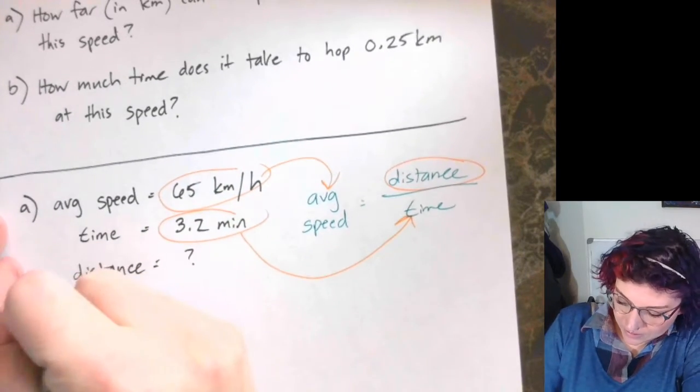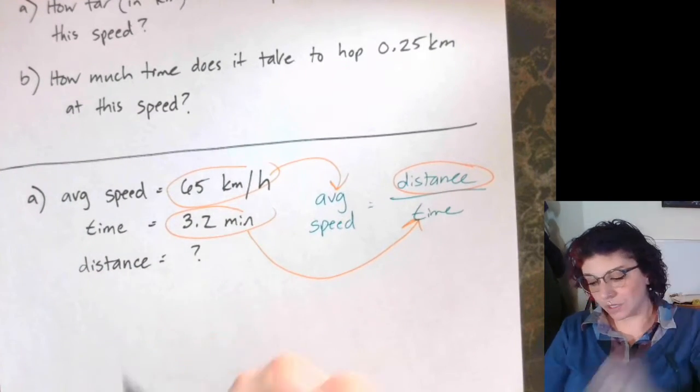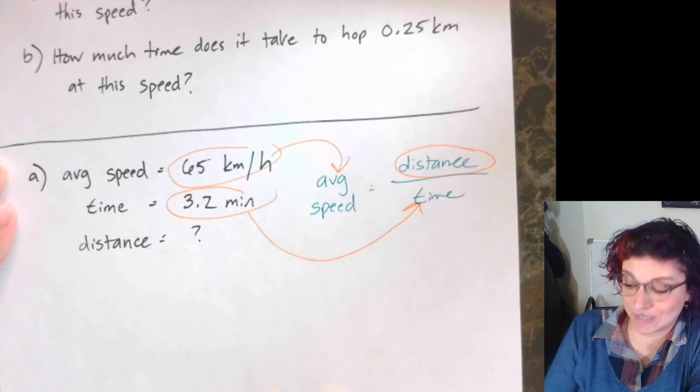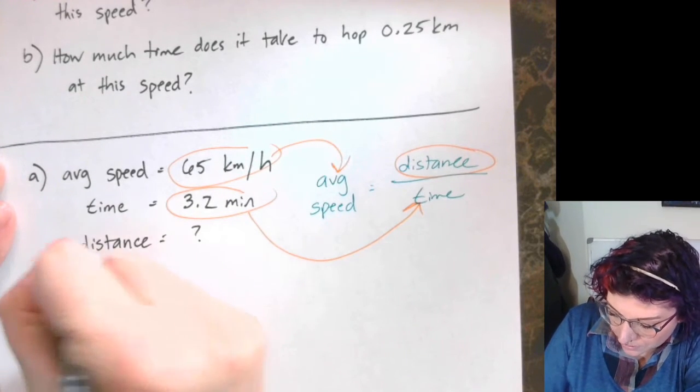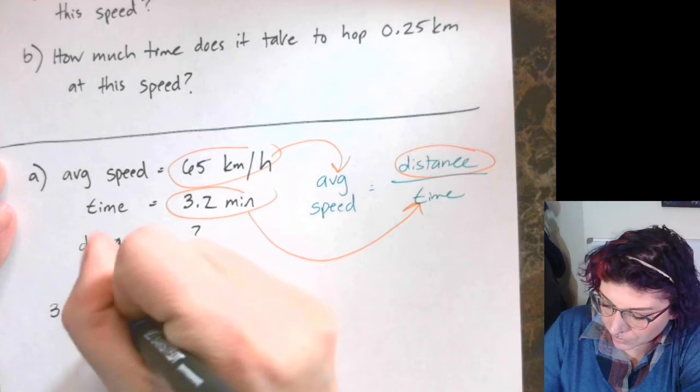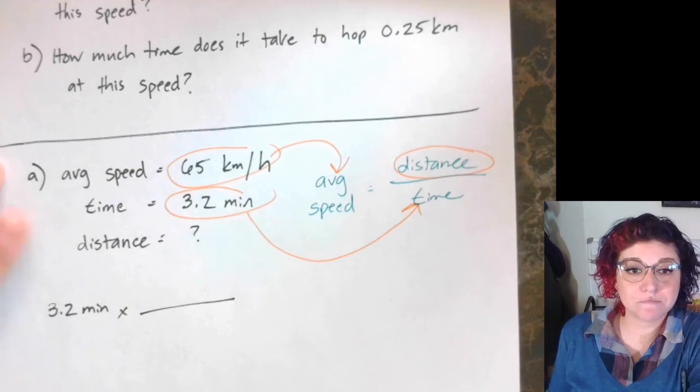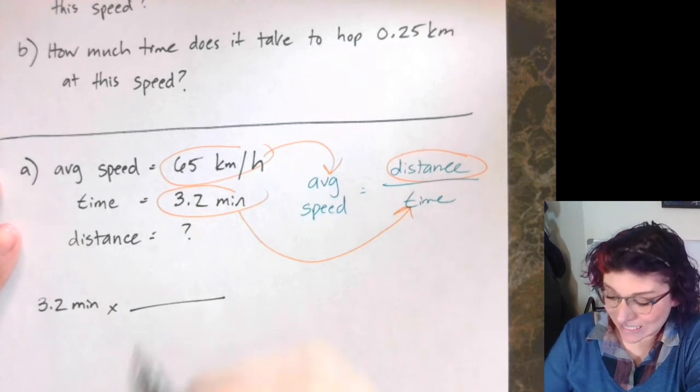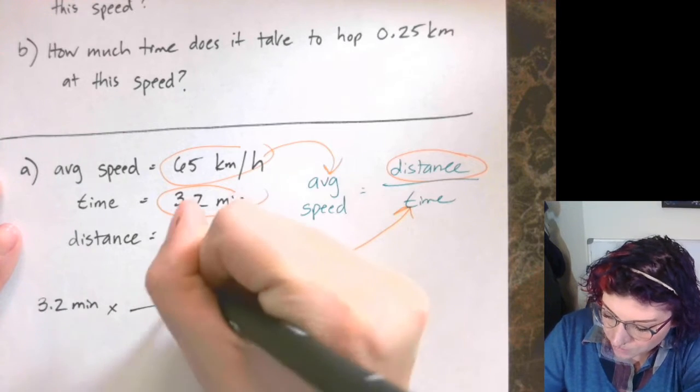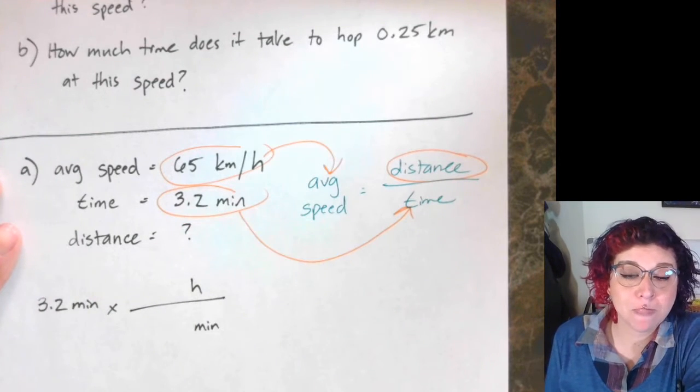All right, so we're going to do some dimensional analysis here. So 3.2 minutes times, I want the minutes to cancel out, so I want minutes on the bottom and hours on the top.